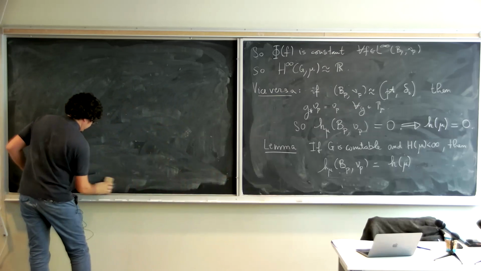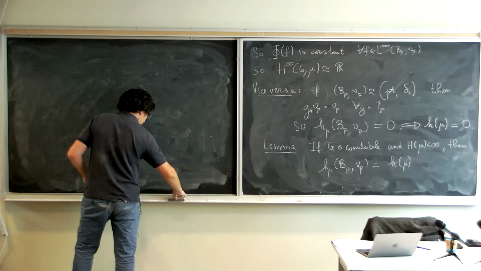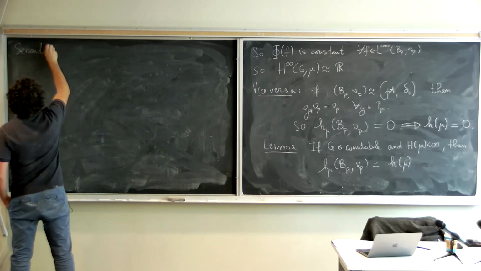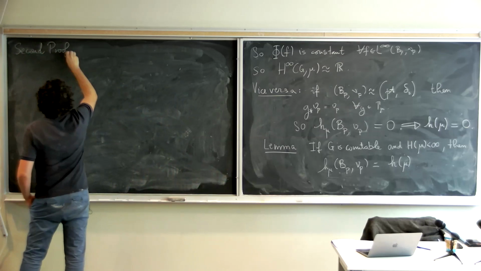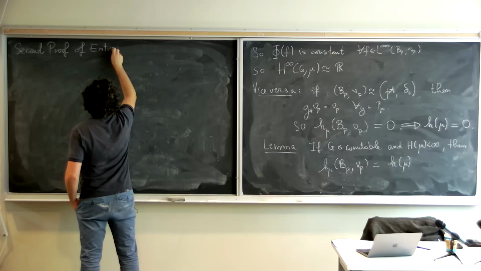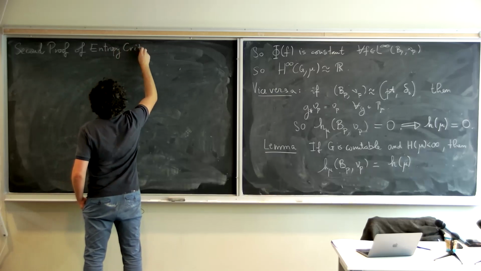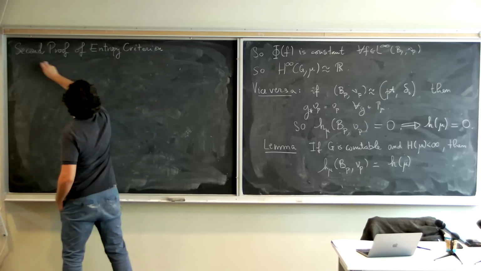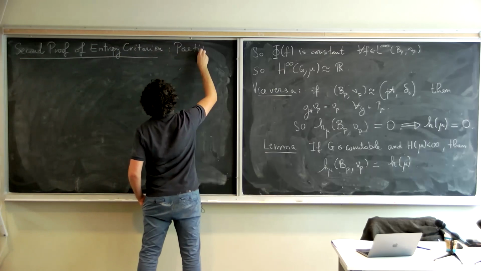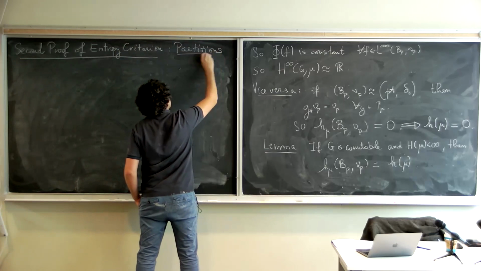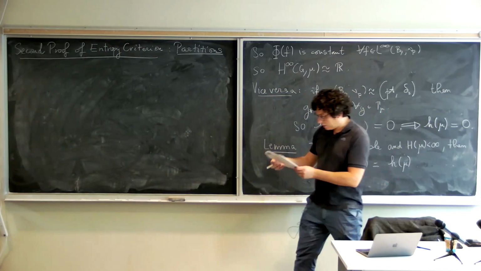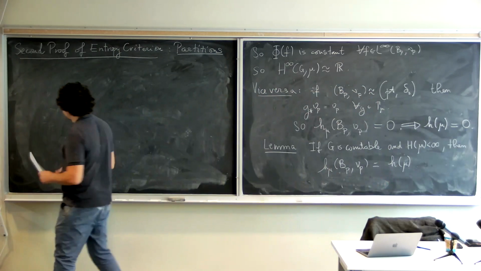So let's see. The second proof of the entropy criterion uses partitions and conditional entropy.